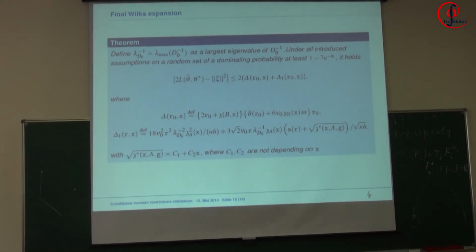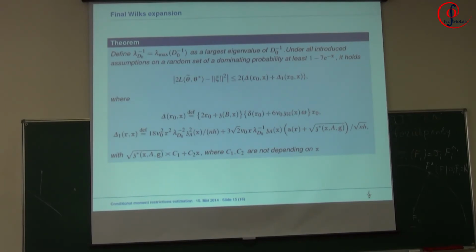So if L theta and L theta 0 are close, we nevertheless don't have information that theta and theta 0 are close.